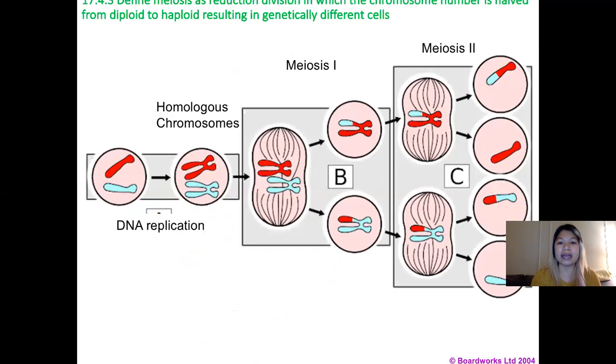In meiosis, it looks slightly different from mitosis. You can see that at the beginning, everything looks the same. You always have to have DNA replication happen before nuclear division can happen, except that a little something else happens. In meiosis, the chromosome from your mom and the one from your father that's more similar in shape and size will pair up beside each other. That's what you call homologous chromosomes.